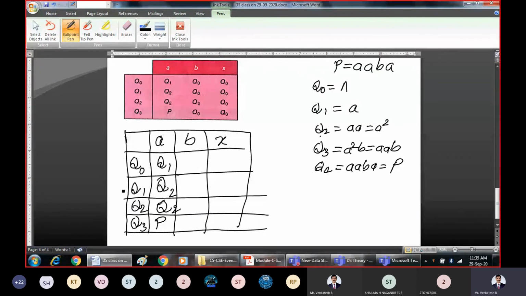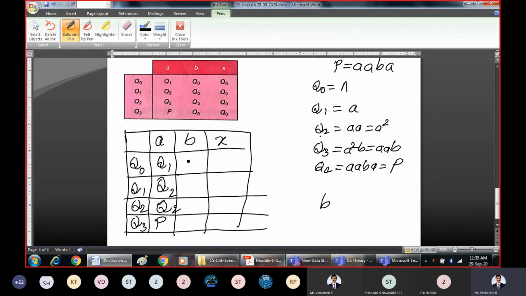But when you are at Q naught, you are suddenly getting B. That means the first character you found is B. Do you need B as the first character? What we are searching, we always want the first character as A, but what you have got is B. From Q naught, from zero characters, if you get the first character as B, we don't want that.